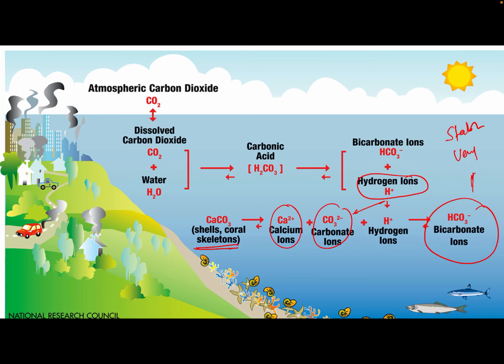Fine. So ultimately who suffers? The skeleton forming animals or skeleton forming marine animals are the ones which otherwise had an abundant supply of calcium and carbonate ions are now suffering because of ocean acidification. So this was all about ocean acidification.